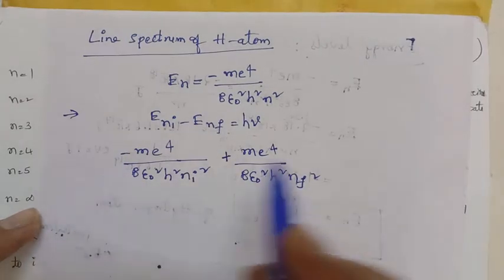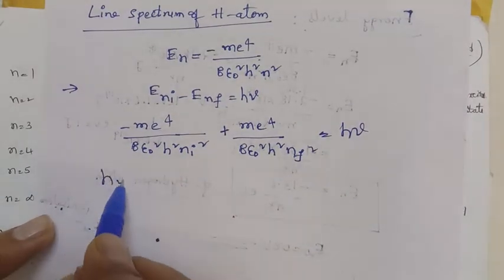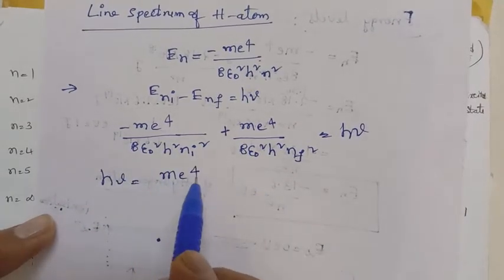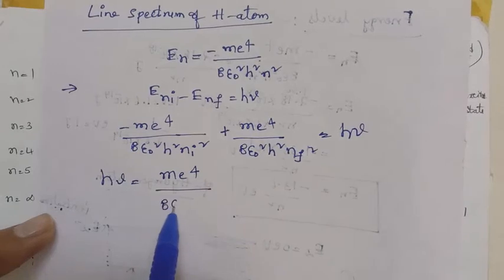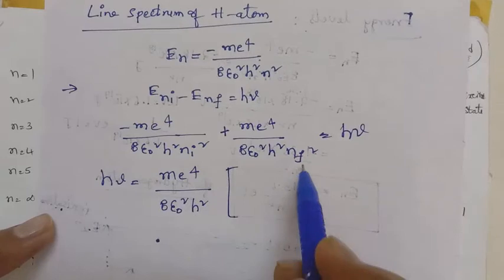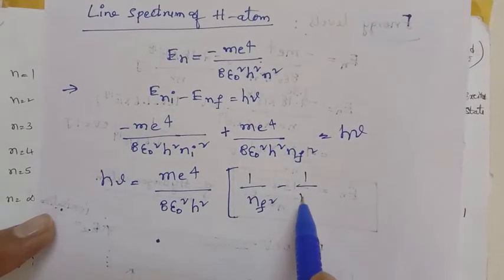That energy is equal to h nu. So what is the common term in that? m e to the power 4 upon 8 epsilon naught square h square. You have to take it common, times 1 by nf square minus 1 by ni square.